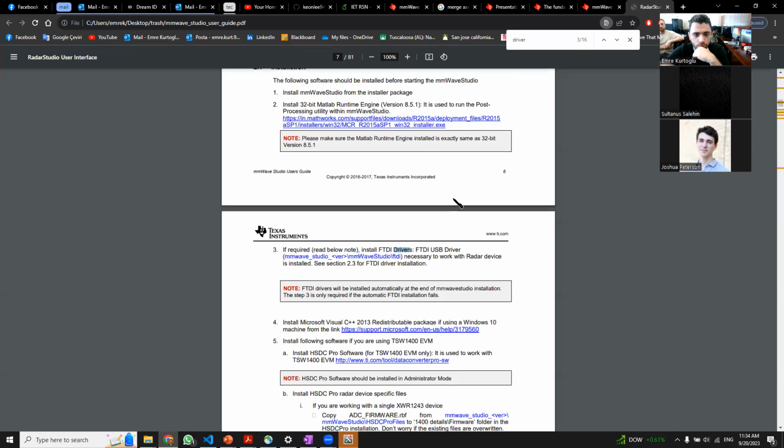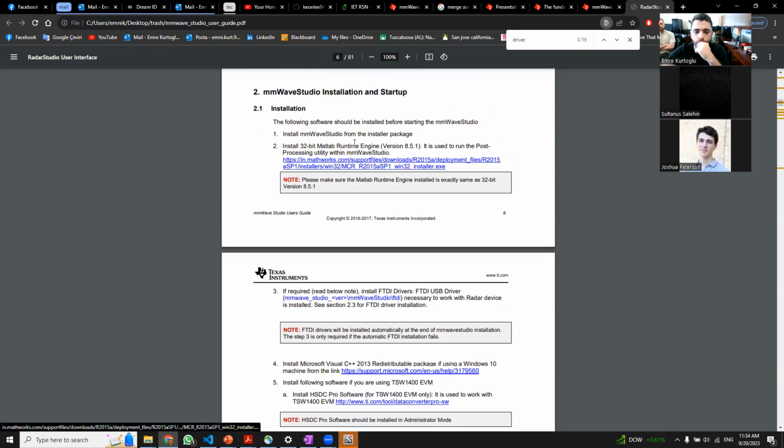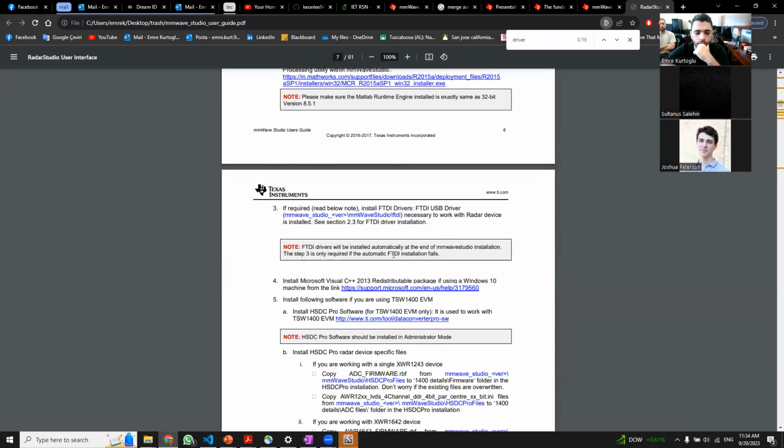For example, you need to have MATLAB runtime engine in your computer. If you do not have it, you need to install it from here. The version should match with the MMWave Studio requirements. So you can find installation steps here.